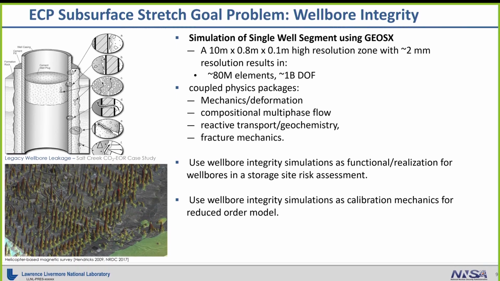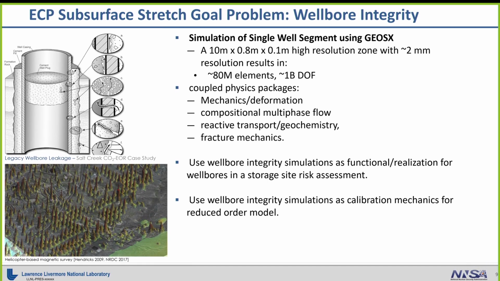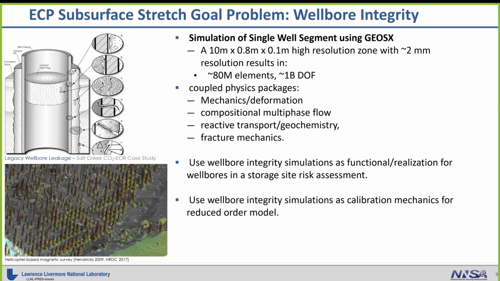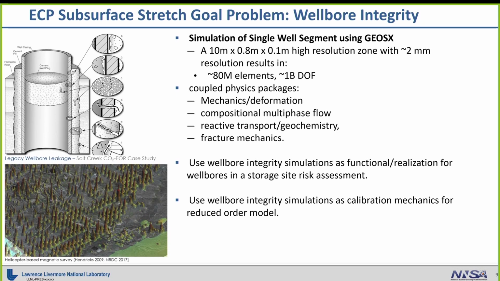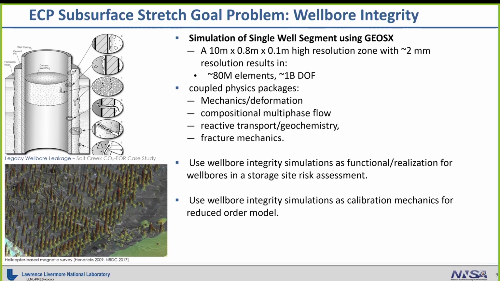So I'm just going to show a quick example of some preliminary runs for our ECP subsurface stretch goal problem, which is a wellbore integrity problem. This problem will involve fully coupled physics between mechanics, compositional multiphase flow, reactive transport, geochemistry, and fracture mechanics. Now this is not an exascale problem itself.